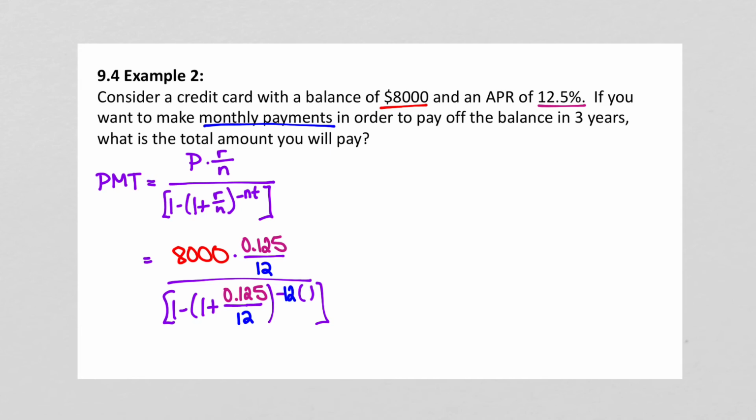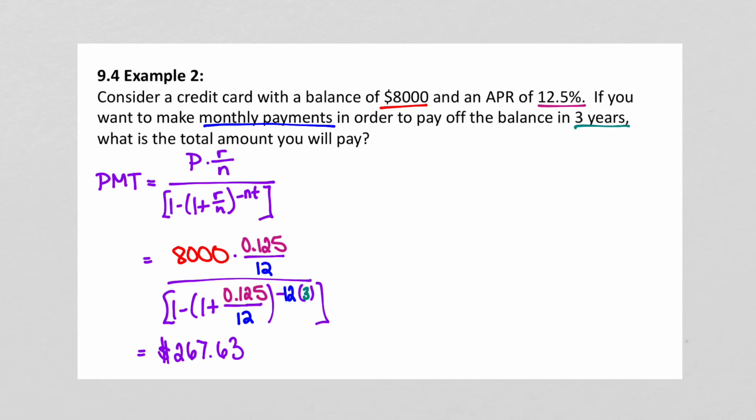And it says we want to pay it off within 3 years, so T is 3. So again, we'll do that in Desmos, and you end up that your payment needs to be $267.63 each month.